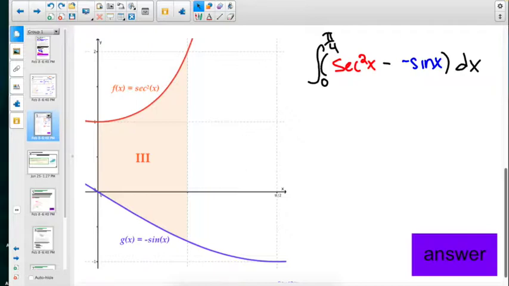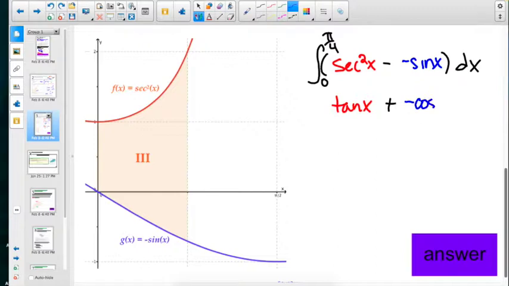Okay. So going through this, we know this is tan x. We know this is going to end up being a plus. What's the antiderivative of sine x? Negative cosine. Zero to pi over 4.